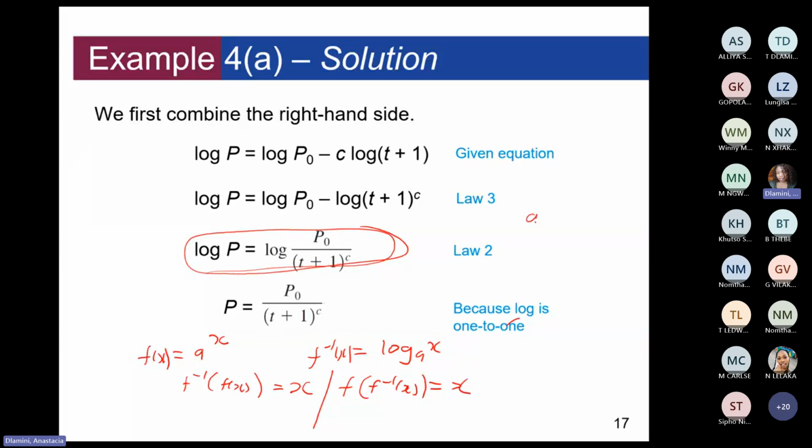And us saying a to the power of log of a base x, we are using the property inverse function. That's why we're getting the answer to be x. Because of 1 to 1. Nice one. Yeah, maths is nice there.